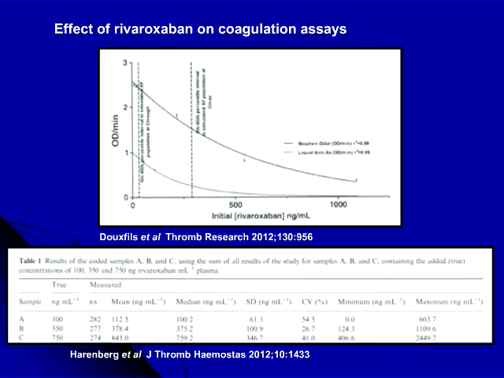On the sample where the level was 100 nanograms per mil, the different laboratories measured between 0 and 600. For the top one at 750, between 400 and 2,500. So I think this illustrates the absolute requirement for robust external quality assurance for those laboratories which proceed to undertake quantitative determination of drug levels.